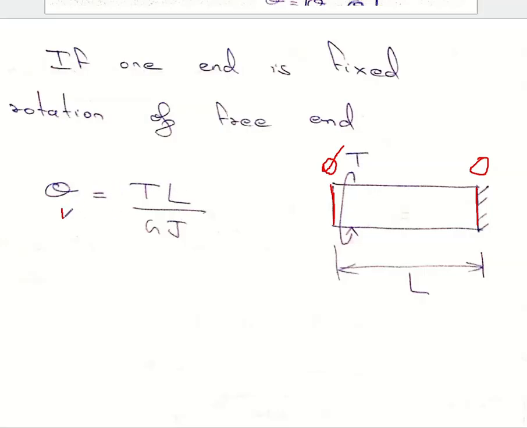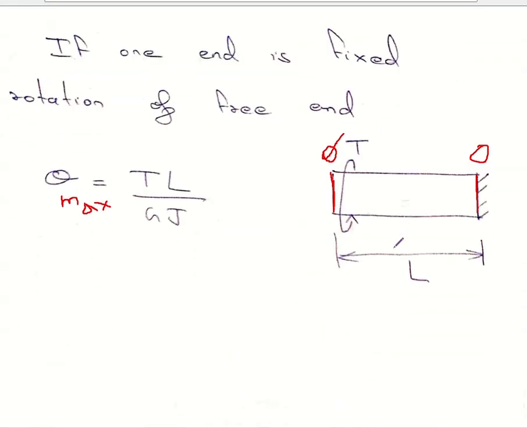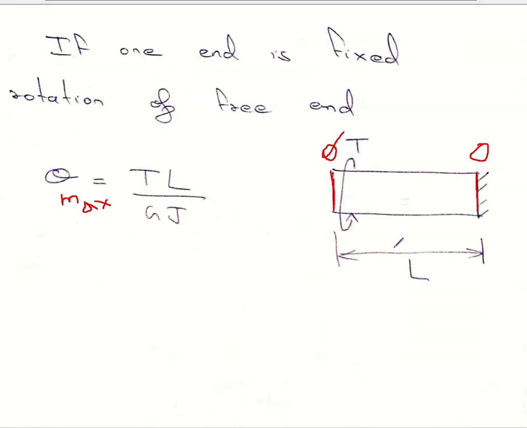This will be theta max. So to calculate the maximum angle of rotation, we will have to use the total length. Otherwise, it will be only some value of length between two cross sections.